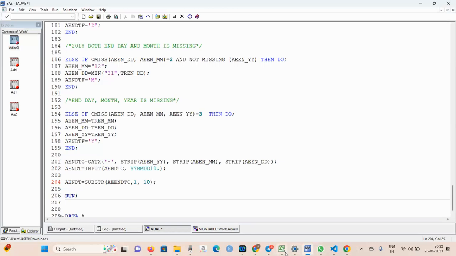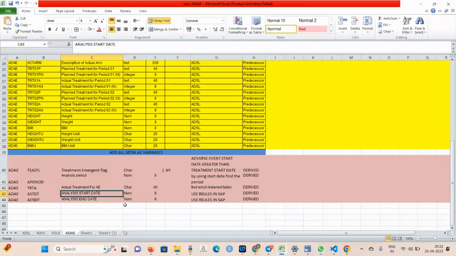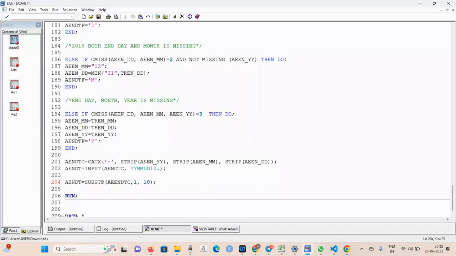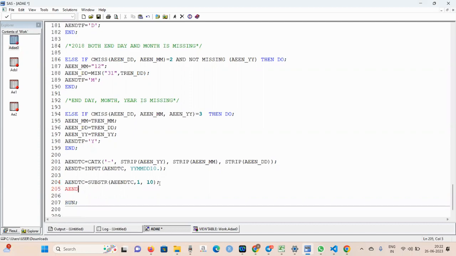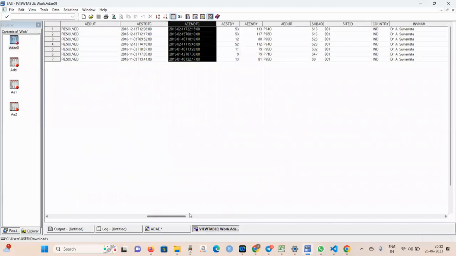And here it's numeric, so we need to convert to numeric. I put C here first. So input of. I can use YYMMDD10. for ASTDT, that's okay, right?